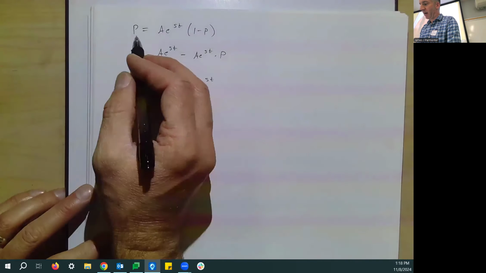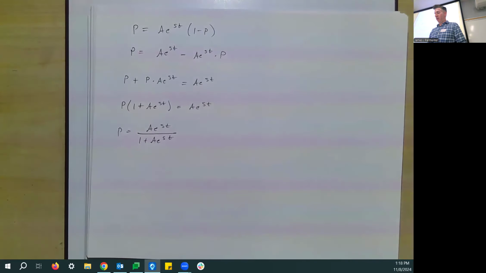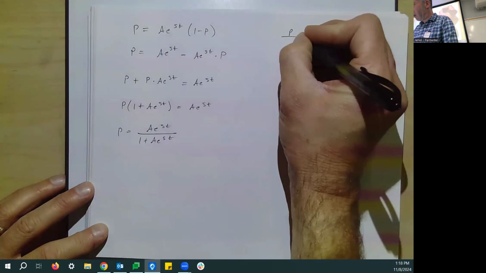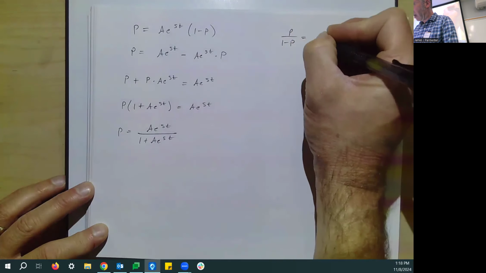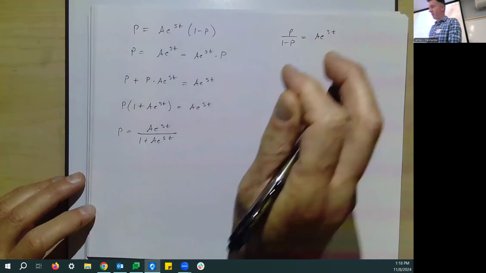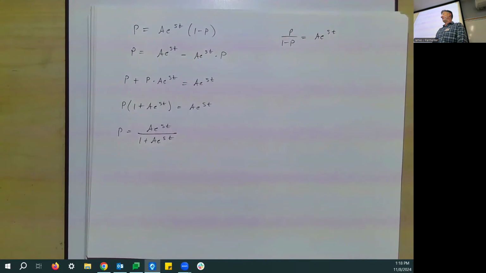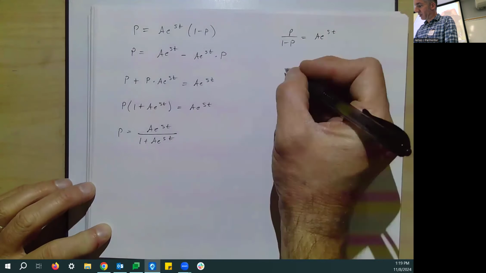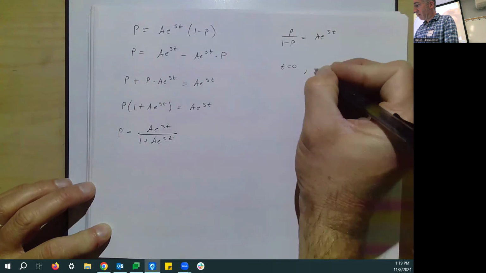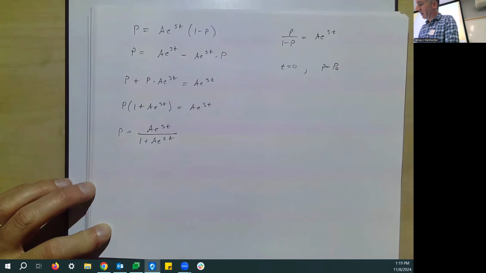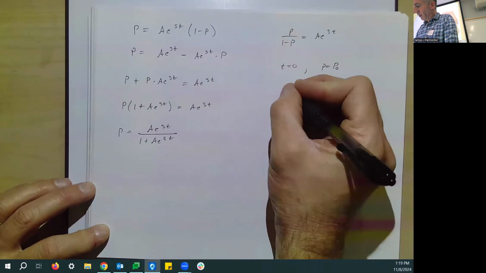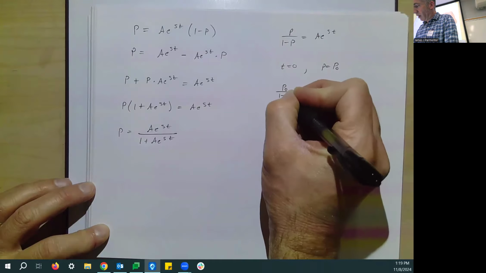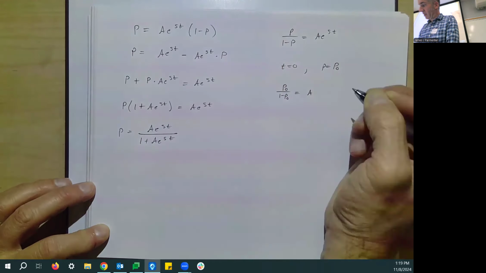I guess I'd probably go back over here where I had P over 1 minus P equal to A e to the st. That might have actually been the best moment to find A, because if I plug in t equal to 0 and P equal to P naught, I wish they could have given this a real number, I'm going to have P naught over 1 minus P naught equal to A times e to the 0.